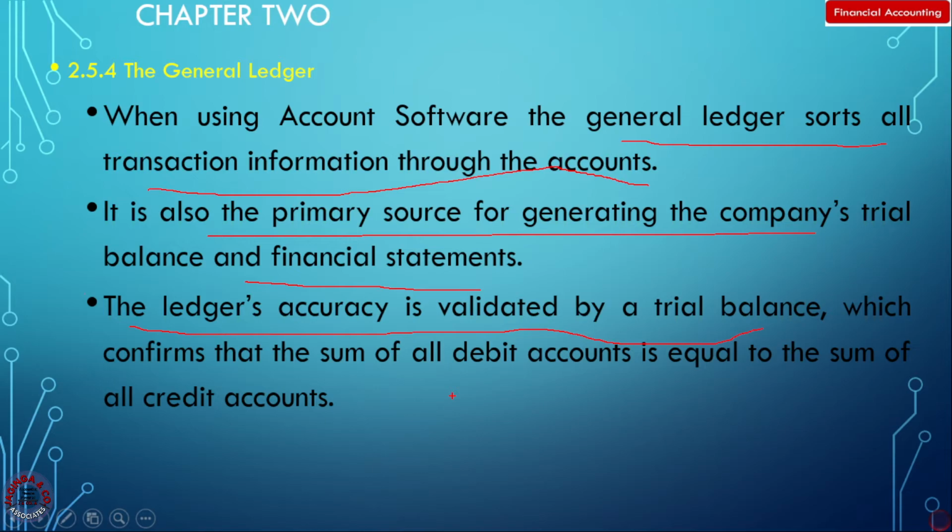That's why the sum of all debit accounts must equal the sum of all credit accounts. Remember, in a trial balance we must have debit balances and also credit balances, and the debit balances must be equal to the credit balances. When the debit balances are equal to credit balances, the accuracy of the general ledger is validated.